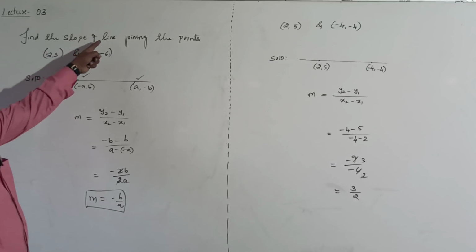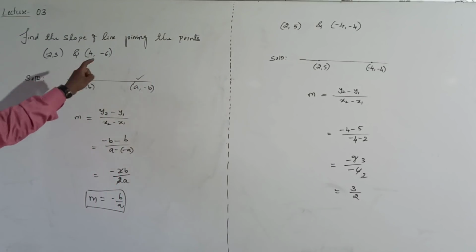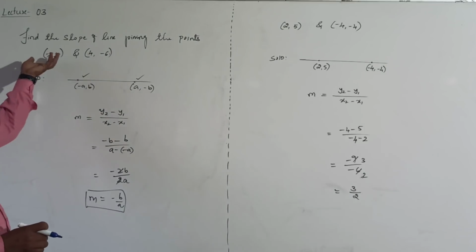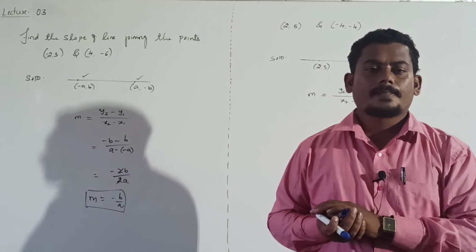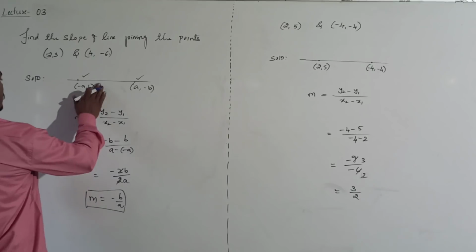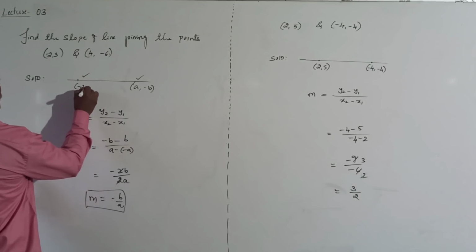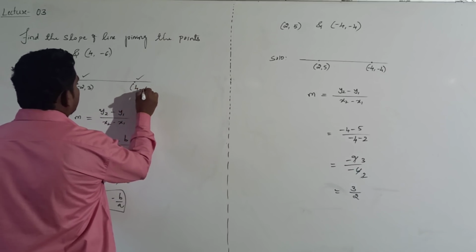Find the slope of line joining the points minus 2 comma 3 and 4 comma minus 6, and take first point as x1 y1, second point as x2 y2, right? First point is minus 2 comma 3, second point 4 comma minus 6.